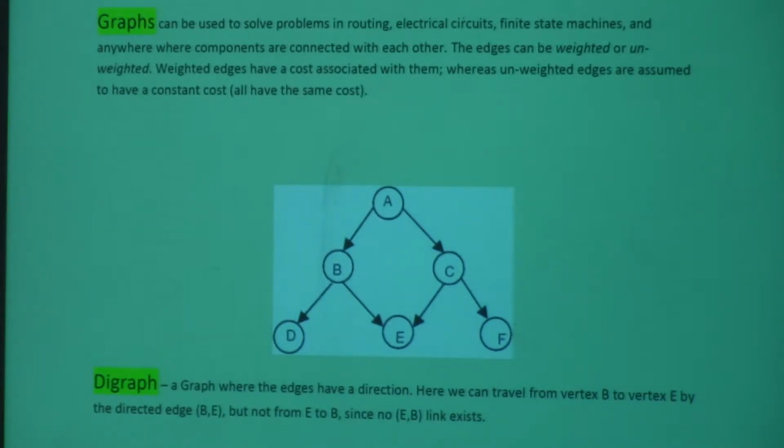So we shouldn't really call A a root, because roots only exist in trees, but they don't exist in non-tree graphs. So therefore, this is not a tree, and A is not a root. It looks like a root, but it's not.